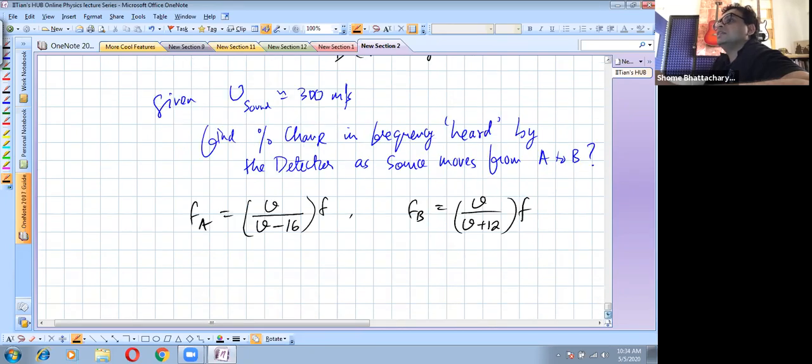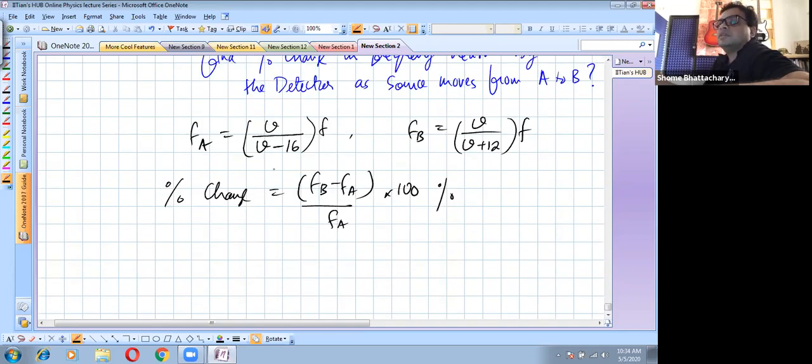So the percentage change is equal to (FB minus FA), that is the change, divided by FA, converted into a percentage. So now you can see this is where we can use the binomial approximation method because V is 300 meters per second. So V is very large compared to 16 or 12. So we can write V upon (V minus 16) as (1 minus 16 by V) to the power minus 1.